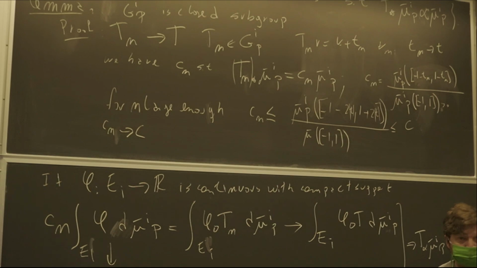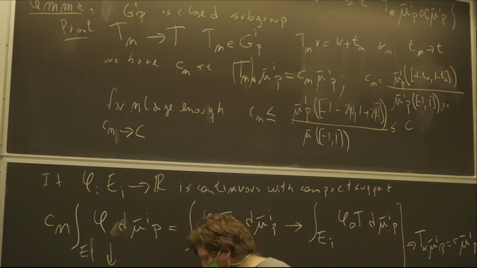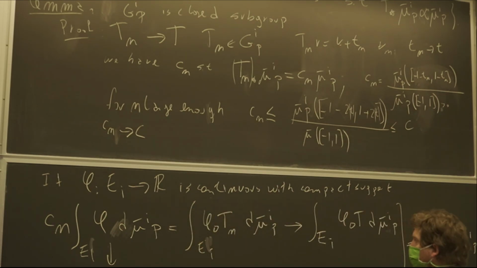And then I know, so you see the constant generated by the push forward of T, and C, as an outcome, will be the same as with the Cn. So you will get that mu bar IP of (-1 - T, 1 + T, 1 - T) divided by mu bar IP of (-1, 1) is equal to C. Just because it's true for every such set, in particular for this.